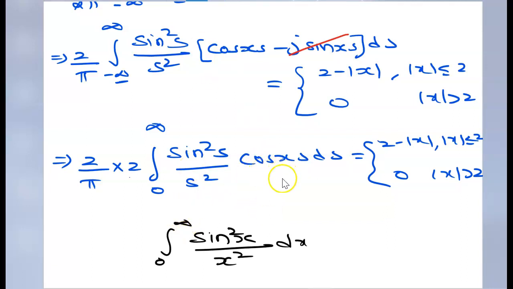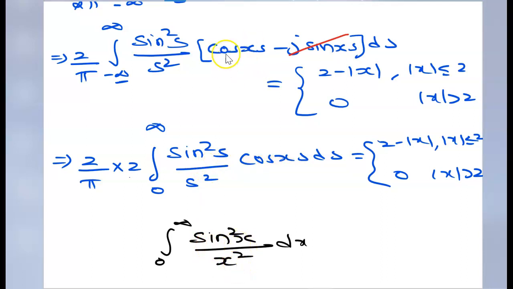I want this integral, so it should become like this, meaning I don't want this cos x. The rest I can change, because sine squared s by s squared is like sine squared x by x squared. I don't want cos x.